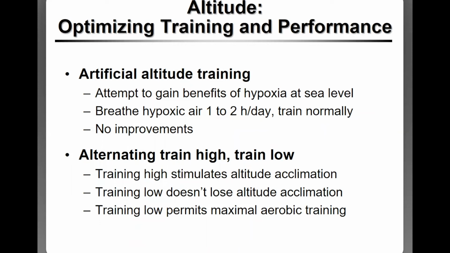So a lot of it has to do with the responsiveness of the athlete to this type of training. So just remember that training high will stimulate the altitude acclimation. So you'd reap the benefits, but training high also does not allow your athlete to train as hard. So you'll lose some of the physical conditioning.